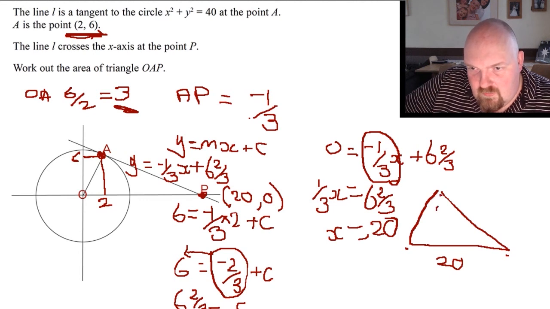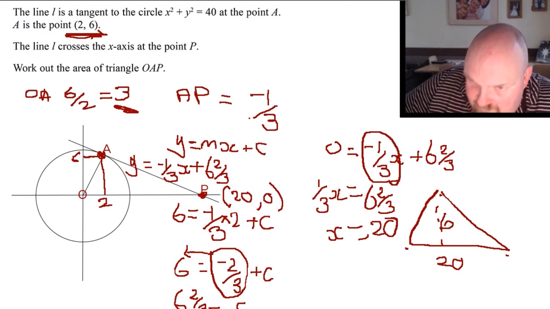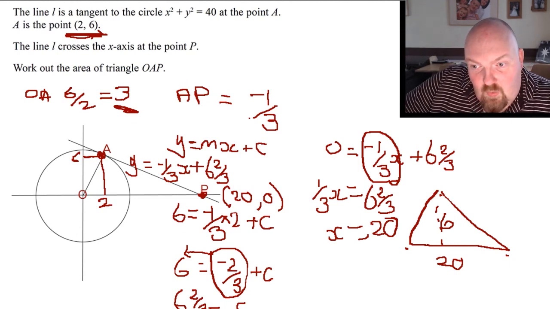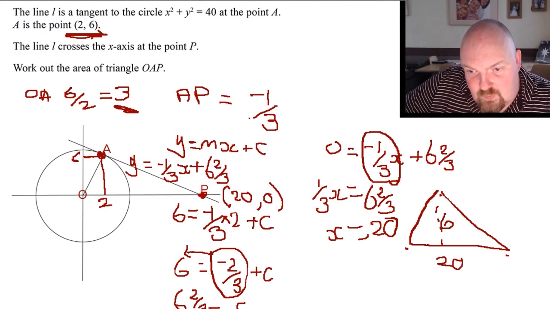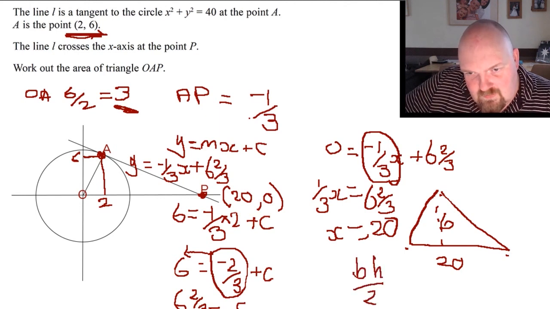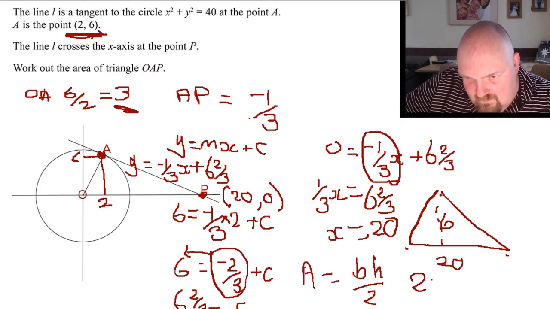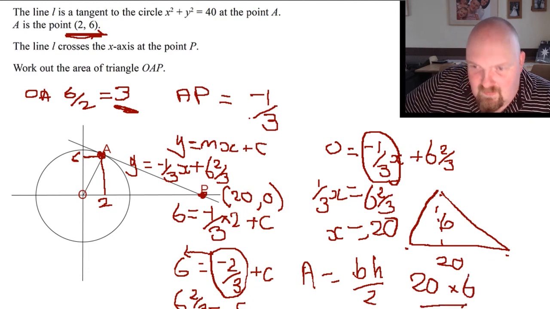I know that the vertical height is 6. So because the vertical height is 6, all I need to do to work out the area, of course, is use the formula base times height divided by 2. So the area equals base 20 times 6 divided by 2.